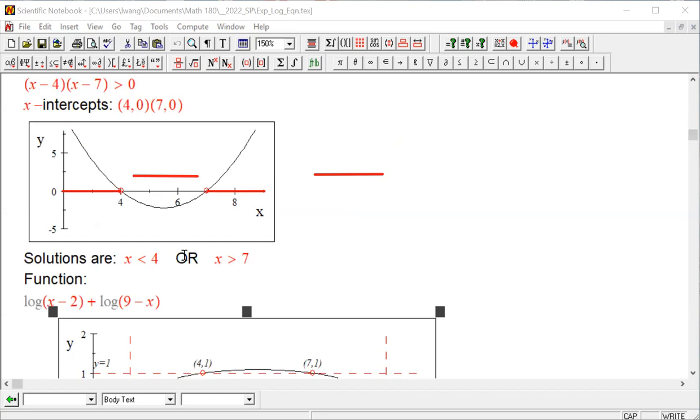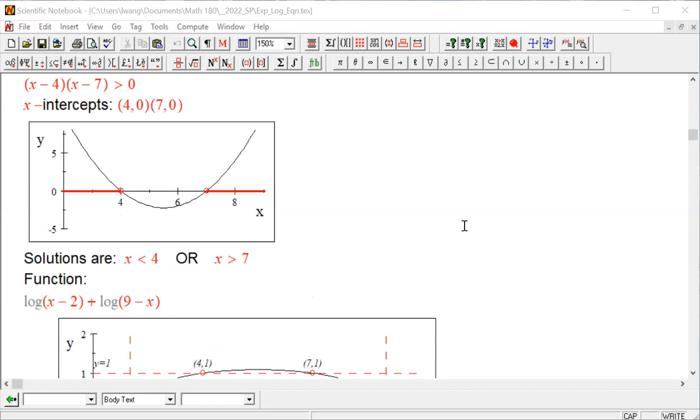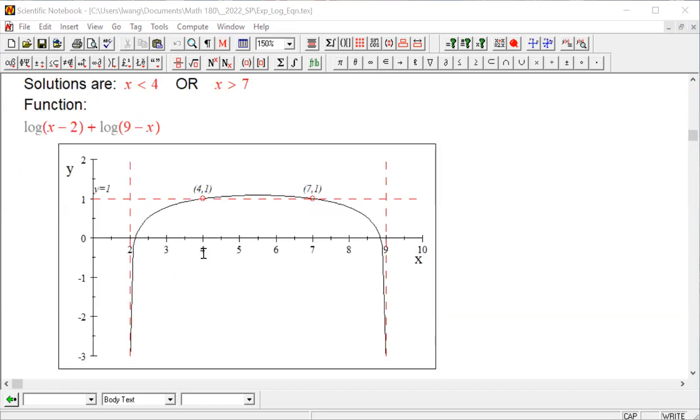Okay, let's look at what we got for here. So this solution we got needs to be modified because we did not take into consideration the domain, right? So having a picture here really helps a lot, because otherwise we almost forgot.